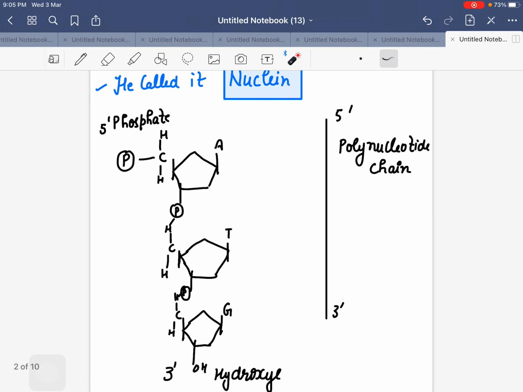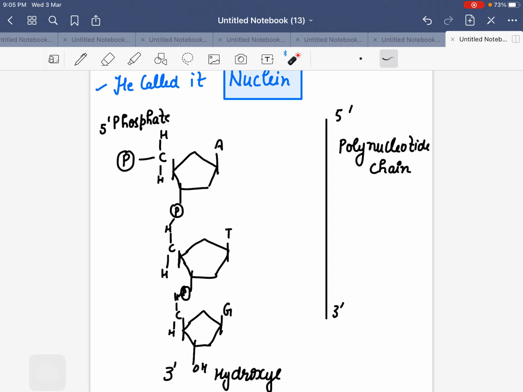Now with this there is another nucleotide. It is having which base? Thymine.